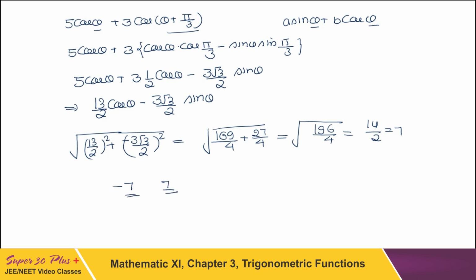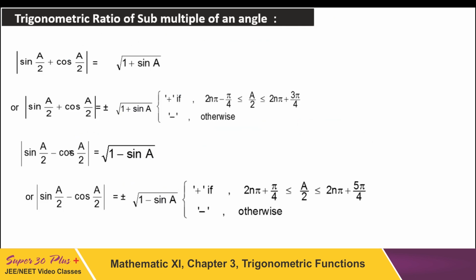By this method, we can find the maximum value and minimum value of a trigonometric expression. Students, this is one of the most interesting concepts: the trigonometric ratios of submultiples of an angle of a special type. What is the meaning of special type? It is sin a/2 plus cos a/2. What is the value of mod (sin a/2 plus cos a/2)?